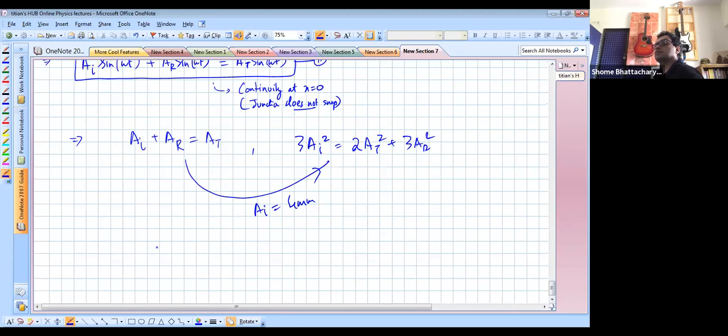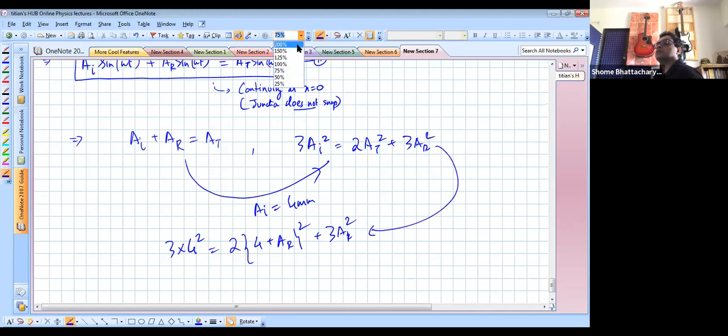So we have 3 into 4 square is equal to 2 into E transmitted, which we can write as 4 plus reflected, square, plus 3 E reflected square. So substituting this, now it's a matter of just solving this out.